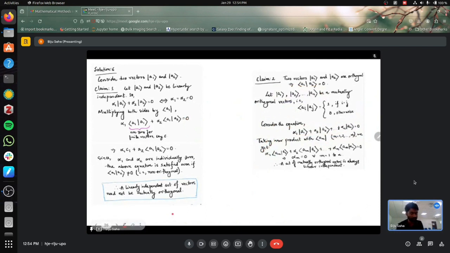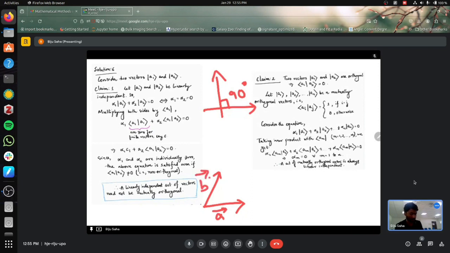How to understand these two concepts is by using our parallelogram picture. Geometrically, orthogonal vectors means two vectors which are at 90 degrees. In our parallelogram, these two vectors were linearly independent.